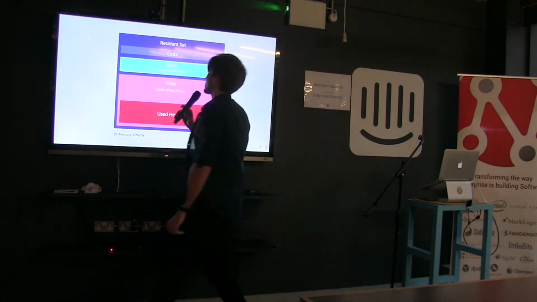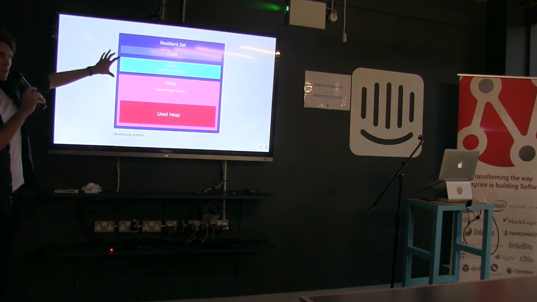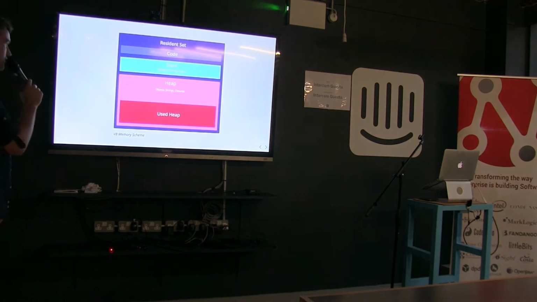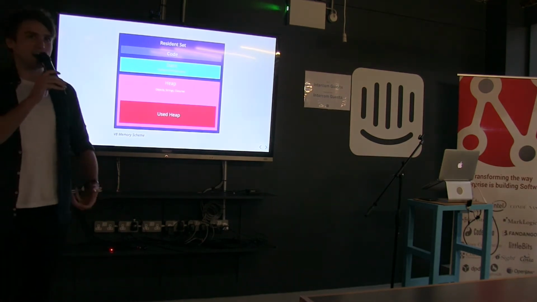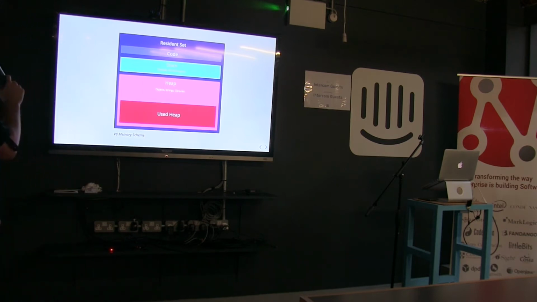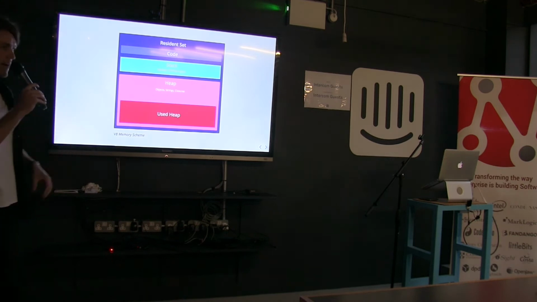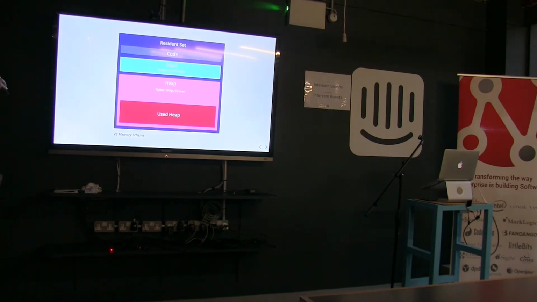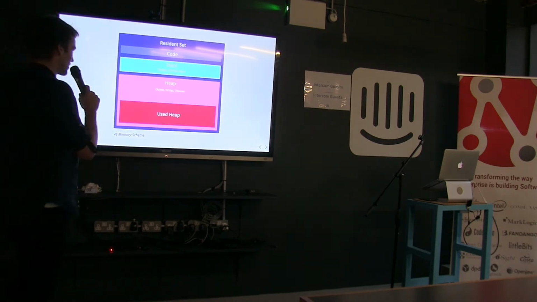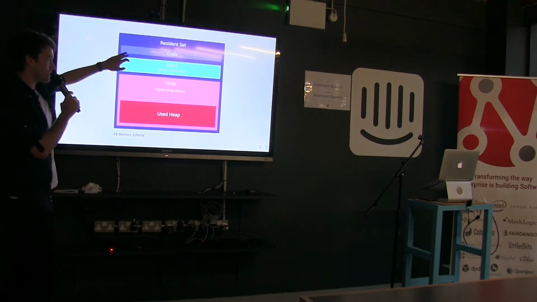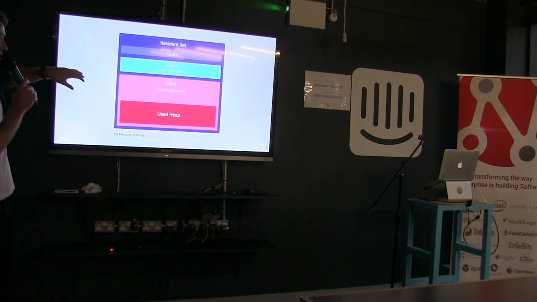In V8, this is a visual representation of your Node process in RAM, right? This resident set is the entire chunk of memory allocated to your Node process in RAM, and it's made up of a couple of different parts. You've got the code itself, you've got the stack and the heap.